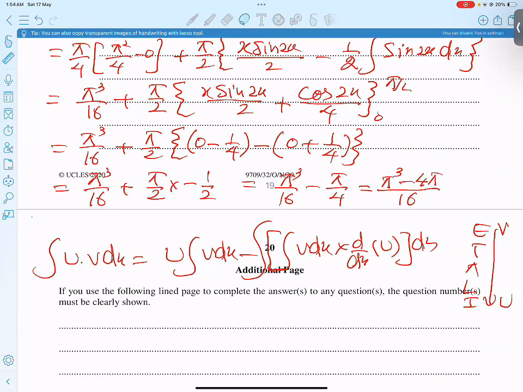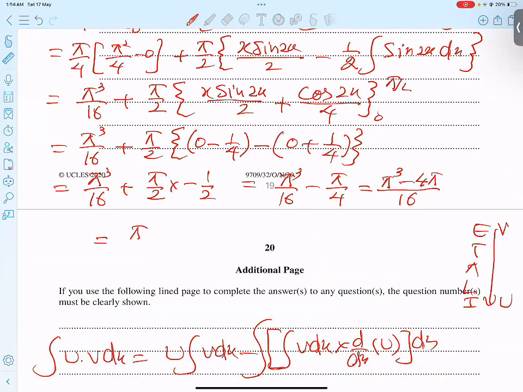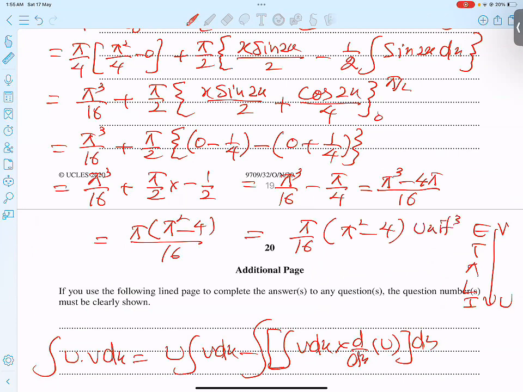I can tell you directly: the common part is pi, and 16 pi is common outside. I get pi squared minus 4 over 16. If I leave it here, it is the correct answer, or I can write pi by 16 outside and inside pi squared minus 4 unit cube, because it gives us the volume.